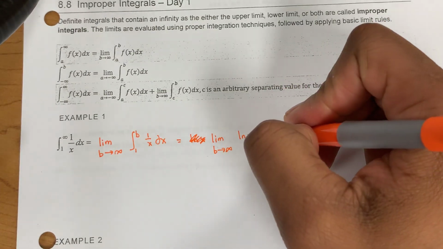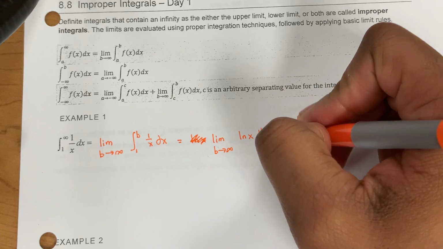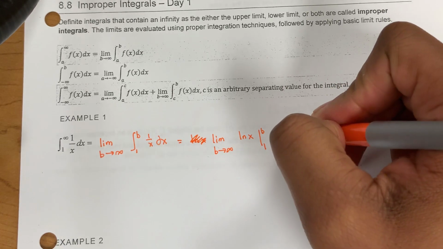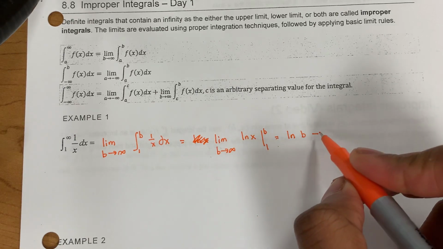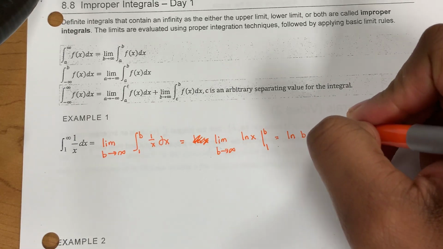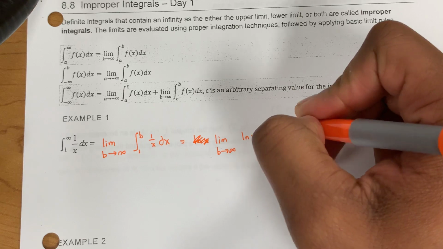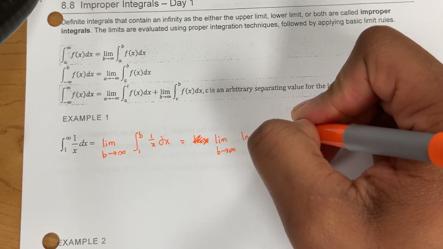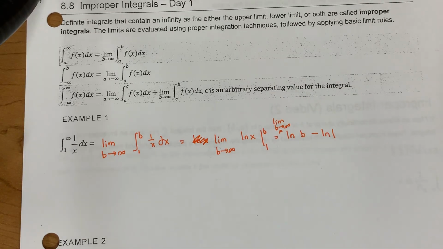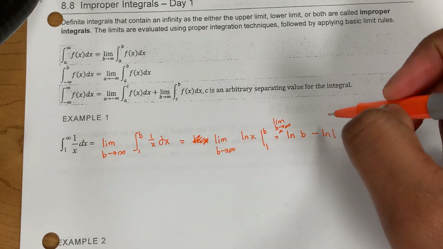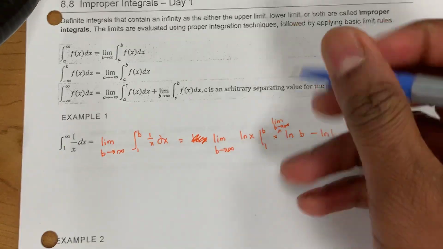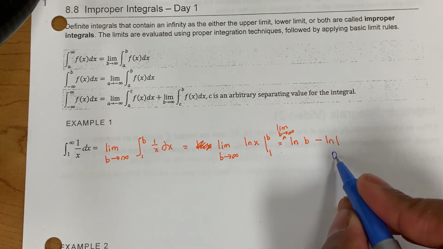So at this point, we would get the ln of b minus the ln of 1. And I keep forgetting the limit. Proper notation is to include the limit. The ln of 1 is 0.